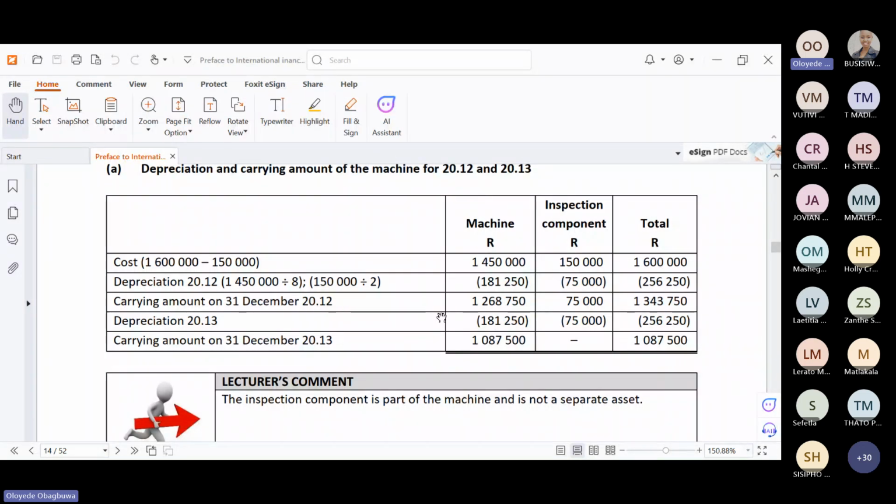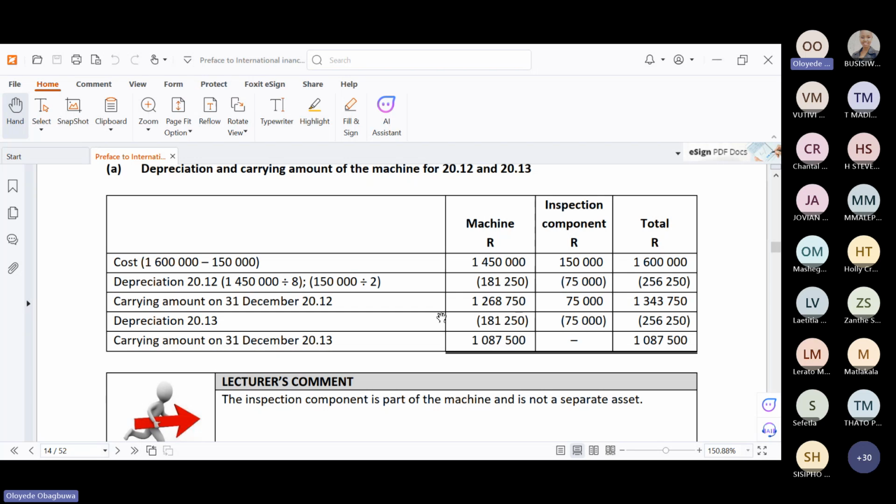It's for 2 years, and we have depreciated for 2 years now. Does it confirm with regard to the inspection component? Yes. So every 2 years, 150,000 gets deducted, meaning 75,000 per annum. So in the following period, in 2014, another 75,000 would be deducted, apart from the 181,250. Am I correct in saying so?